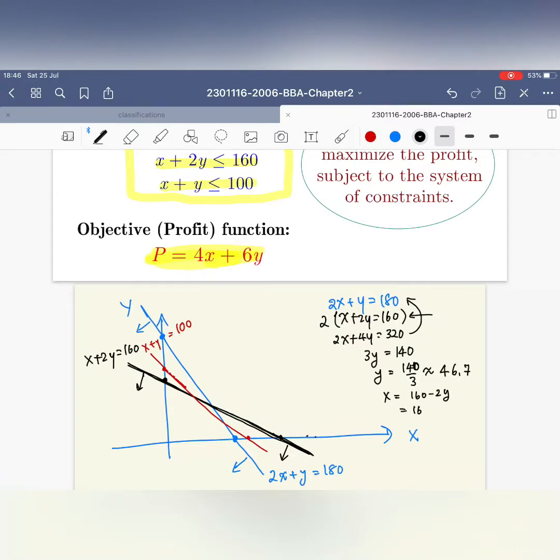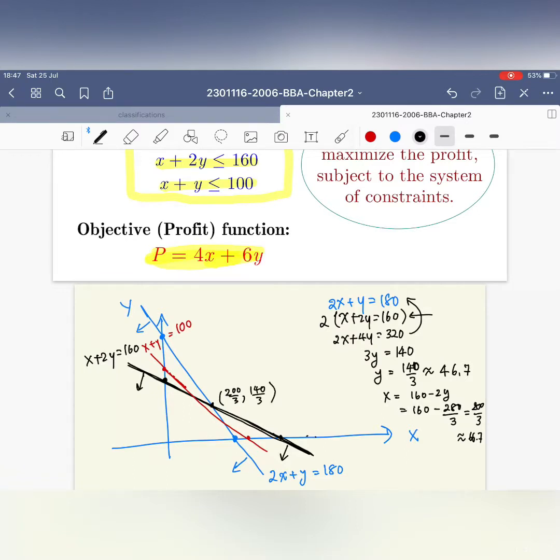It is 160 minus 280 over 3, which becomes 480 minus 280 over 3, so it is 200 over 3, which is about 66.7. So here it is 200 over 3 and 140 over 3.